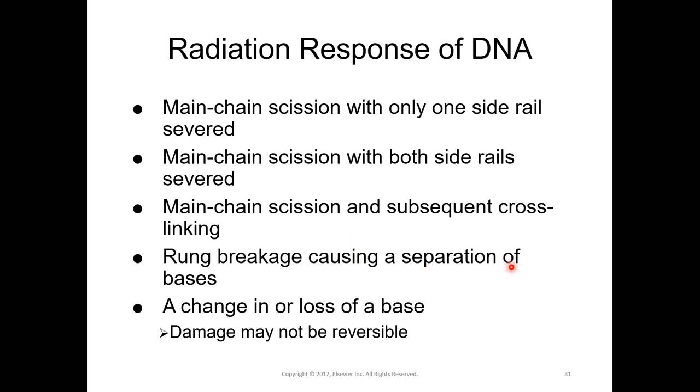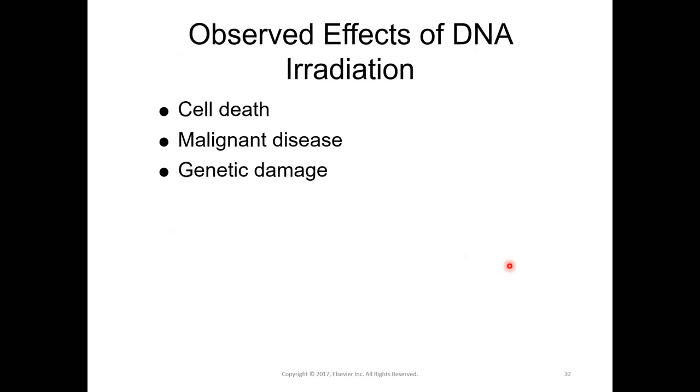It's not impossible, but highly unlikely. And then some observed effects of DNA radiation: obviously, you can undergo cell death, malignant disease, your cancers, and genetic damage, which you can pass on to your offspring.